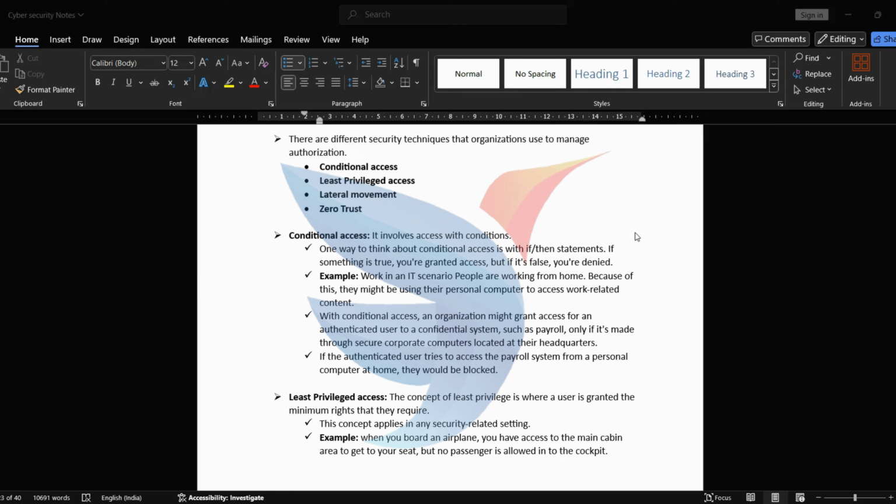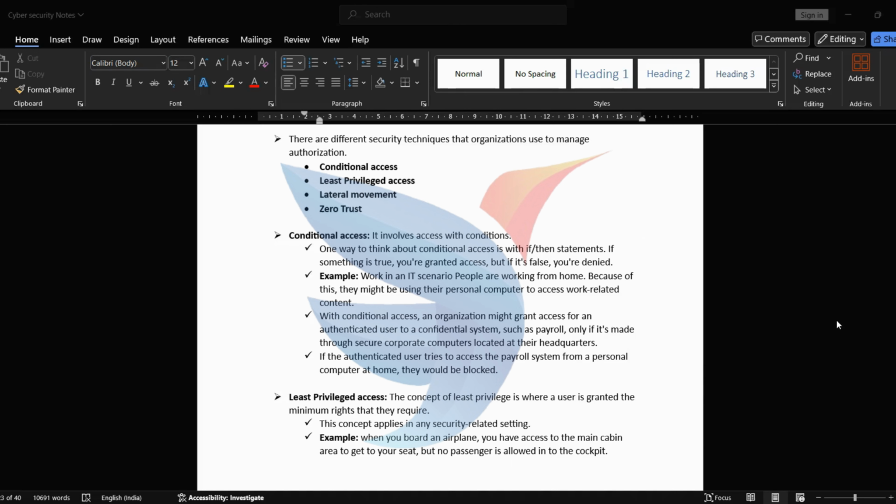It involves access with conditions. One way to think about conditional access is with if-then statements. If something is true, you are granted access. But if it is false, you are denied.